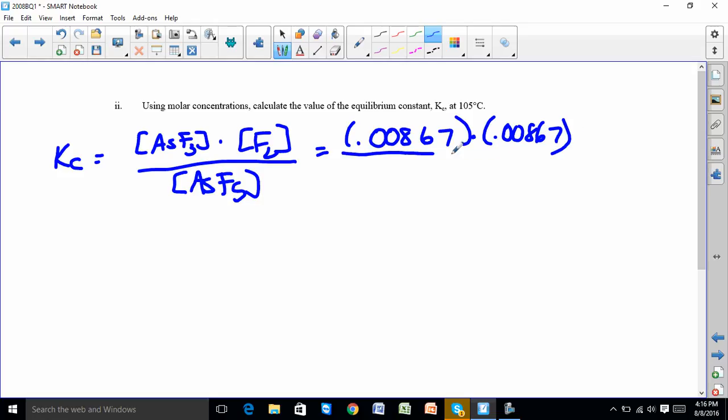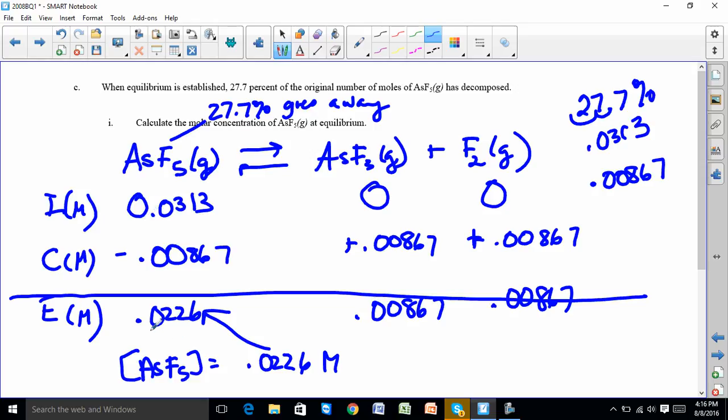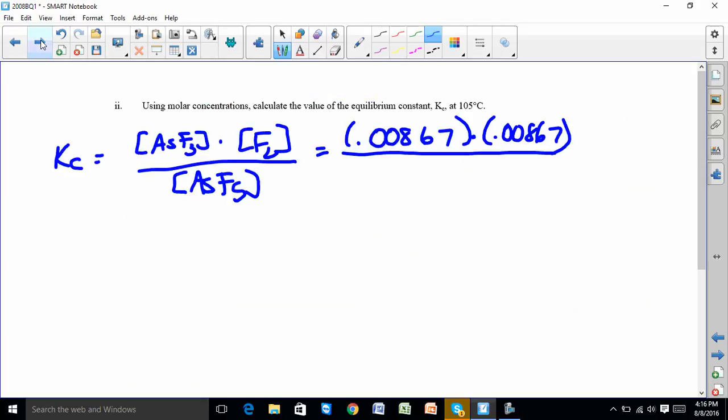If you want to do 0.00867 squared divided by 0.0226, and pop that into your calculator, you will get 0.00333. So that has 3, that has 3, that has 3. So we're going to keep 3.